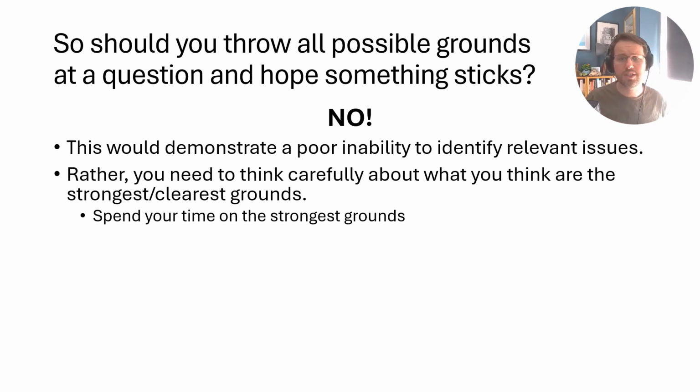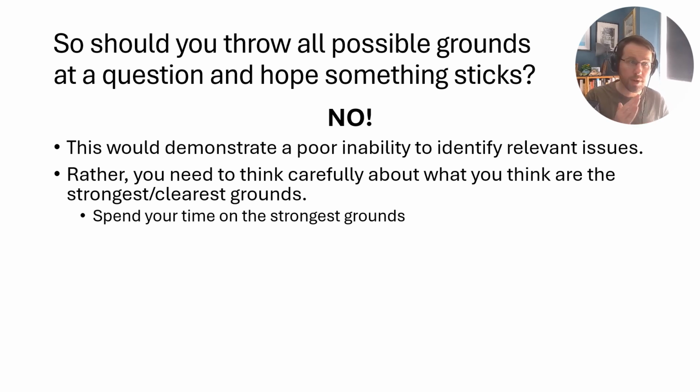Rather, what I would suggest you do is that you think carefully about what you think are the strongest or clearest grounds. And then you spend your time on these strongest grounds, and you spend most of your word count on these strongest grounds. So in that previous example, Article 10 is a really, really strong ground, and I would spend quite a lot of my word count unpacking Article 10 and all those different stages.